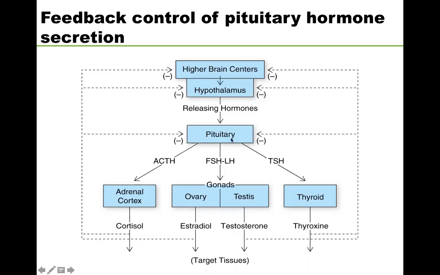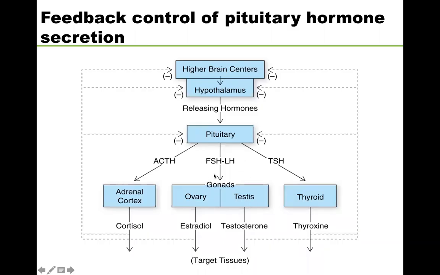Apart from that, the pituitary also produces two other hormones: FSH, follicle stimulating hormone, and LH, luteinizing hormone. Both of them are required by the gonads to produce estradiol or progesterone from the ovaries and testosterone from the testes.